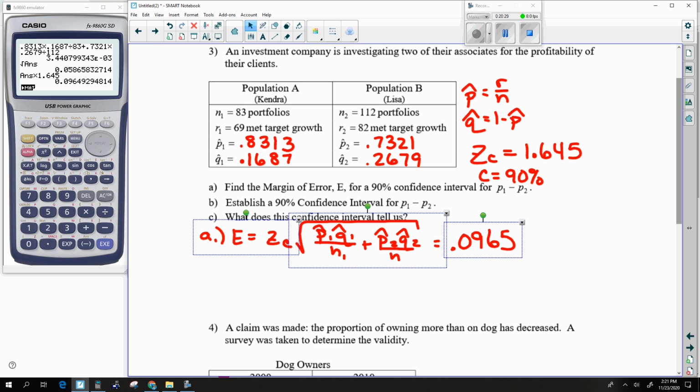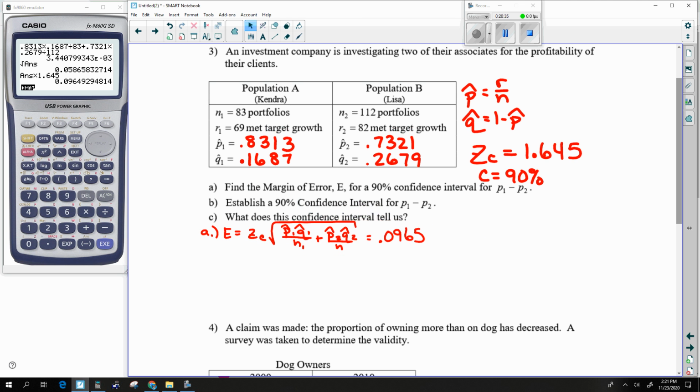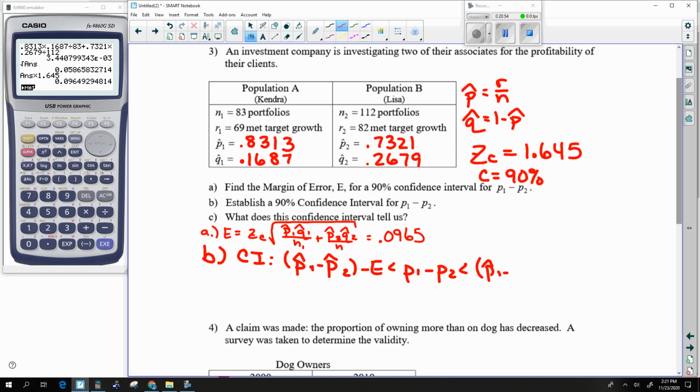Okay, so we have our margin of error. Next, we have our confidence interval. Our confidence interval in this situation is p hat 1 minus p hat 2 minus E is less than regular p1 minus regular p2 is less than p hat 1 minus p hat 2 plus E.